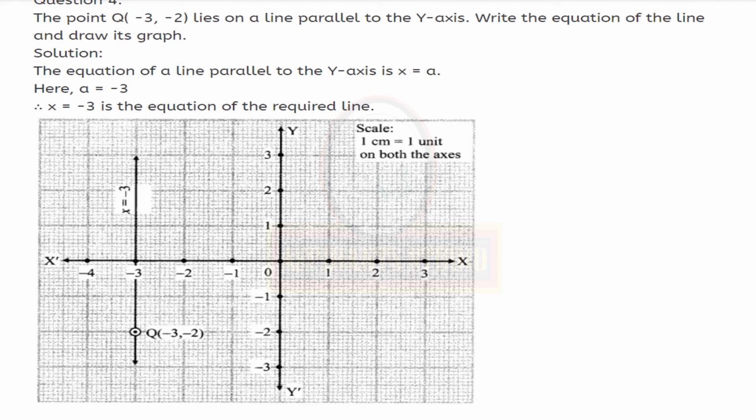Now next question, question number 4. The point Q(-3, -2) lies on a line parallel to the y-axis. Write the equation of the line and draw its graph. The equation of the line parallel to the y-axis is x is equal to a. Here a is equal to minus 3. So x is equal to minus 3 is the equation of the required line.